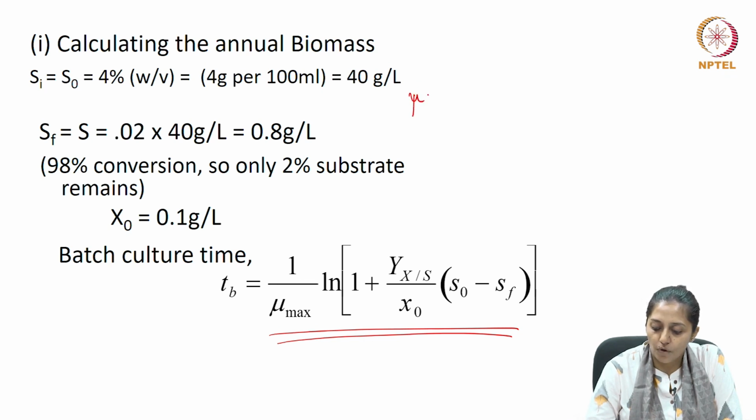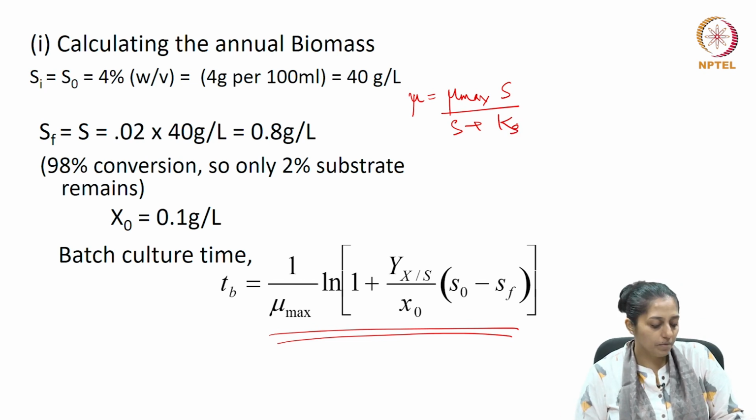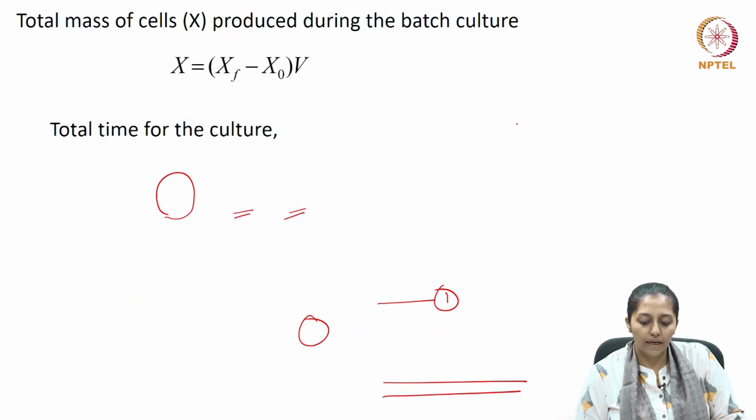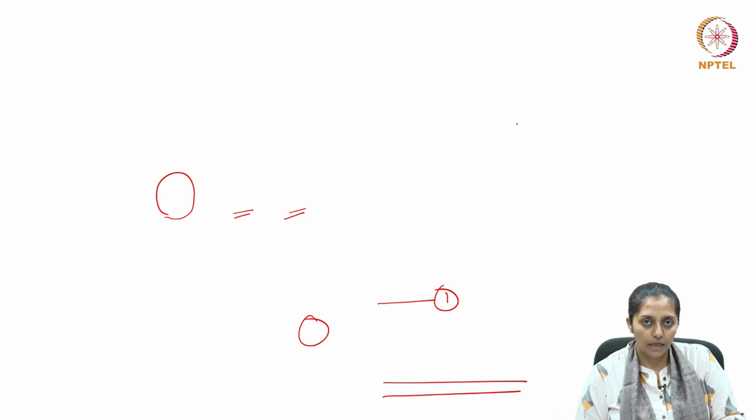The culture is following Monod's kinetics. If you see the problem carefully, the value of Ks is very small, in the order of ppm, whereas the substrate concentration is in grams per liter, tens of grams per liter, which means 40 grams per liter.